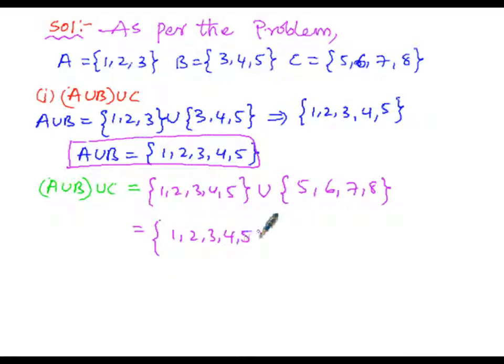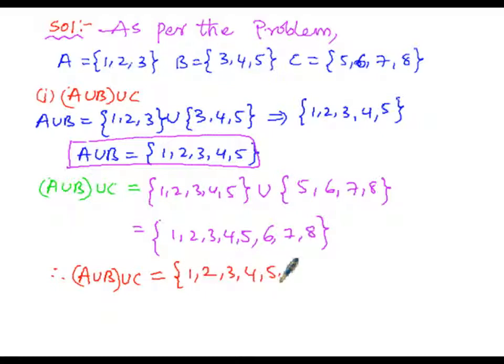Then to include these, we have to see whether each is occurring or not. 5 is occurring here, no need to repeat. 6 is not present, so we can include it. 7 and 8 are also not occurring, so we can include 7 and 8 too. Therefore, 1, 2, 3, 4, 5, 6, 7, 8 are the elements of set A union B union C. In this manner, A union B union C equals the set consisting of the elements 1, 2, 3, 4, 5, 6, 7 and 8.